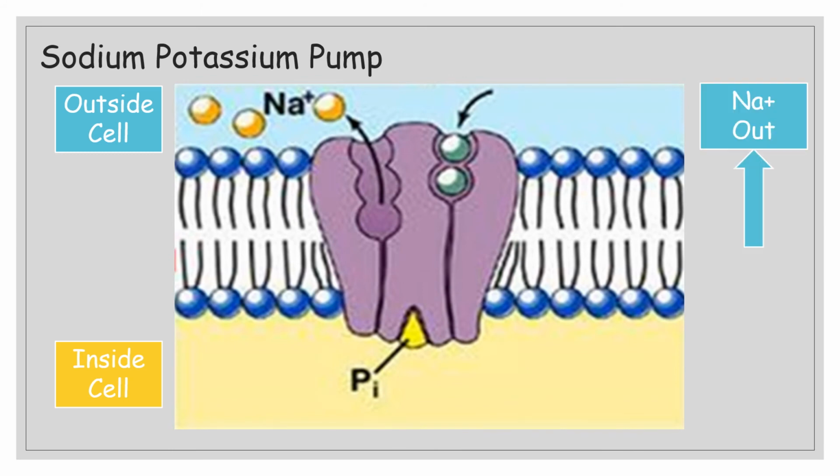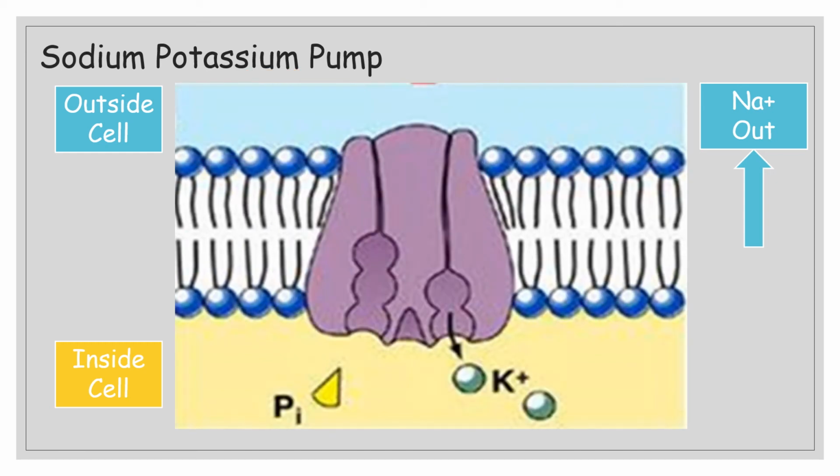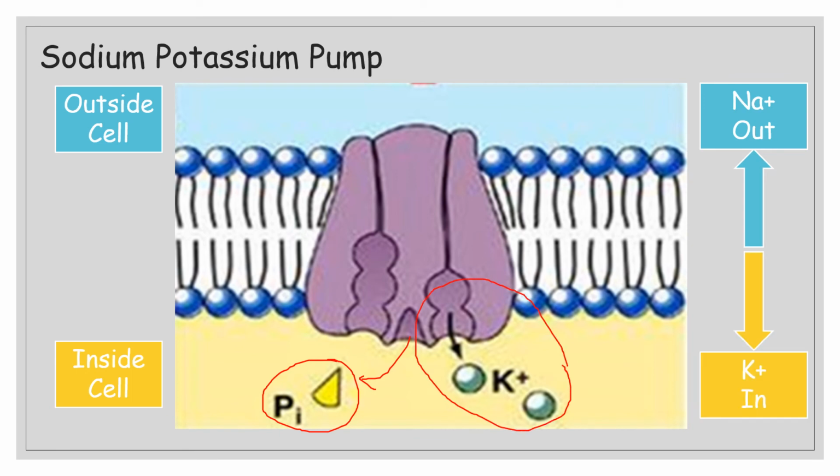So here we have our sodium ions moving out and our potassium ions binding to our sodium potassium pump. So as you can see now, our phosphate group, which is denoted by our ATP, has moved away, changing the shape again of our sodium potassium pump and allowing the potassium ions to move inside the cell.